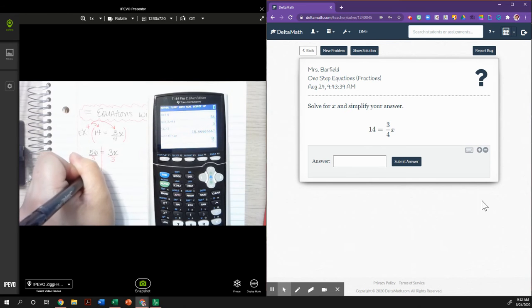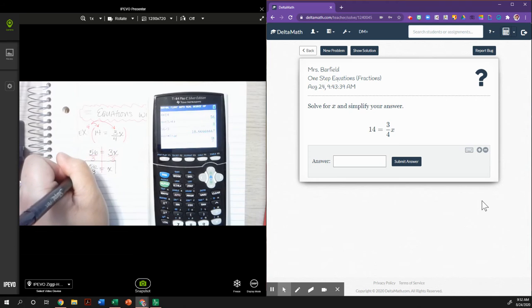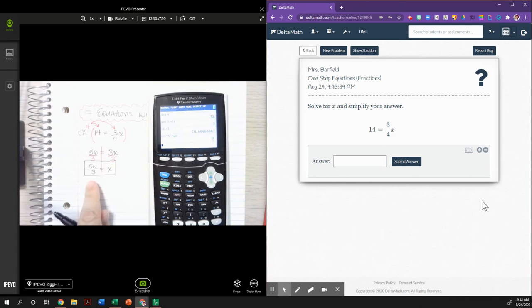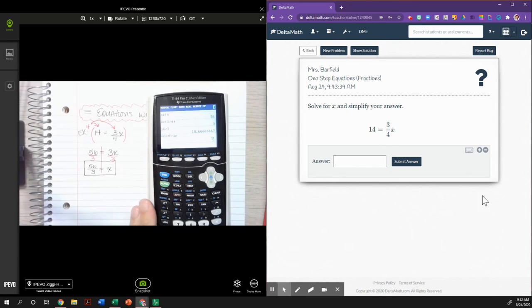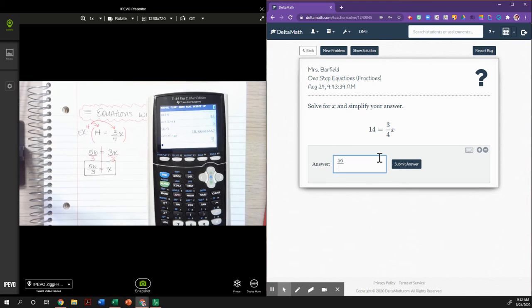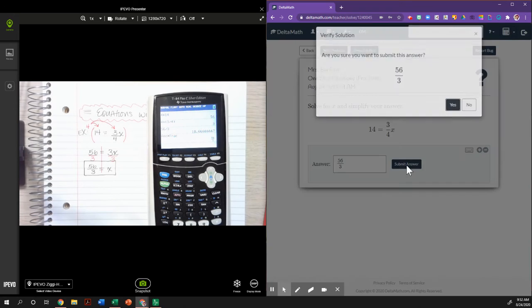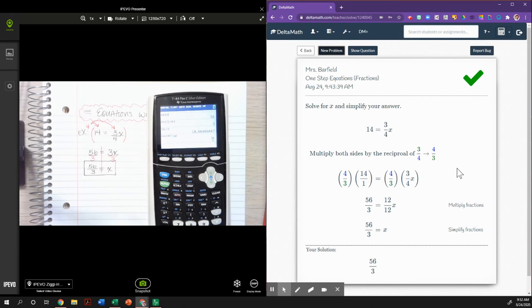I'm just going to leave it 56 over 3 equals x. It is perfectly okay that we got a fraction for our final answer. And then I'm going to type that in. So 56 divided by 3, yes, and there we go.